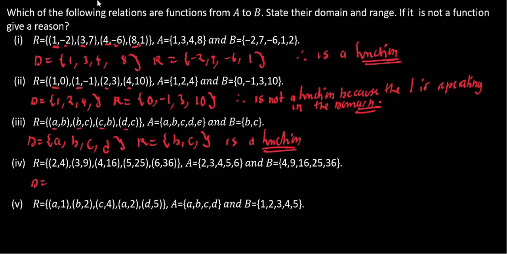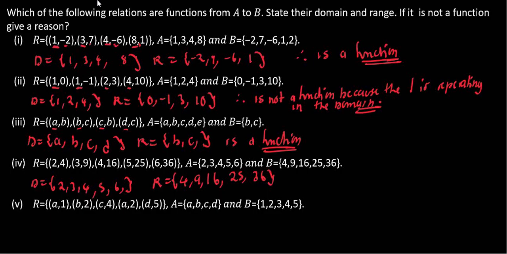This one, what would be the domain? The domain would be 2, 3, 4, 5, 6, right? How about the range? 4, 9, 16, 25, then 36. That's the range, right? So do we have anything that is repeating in the x-axis?